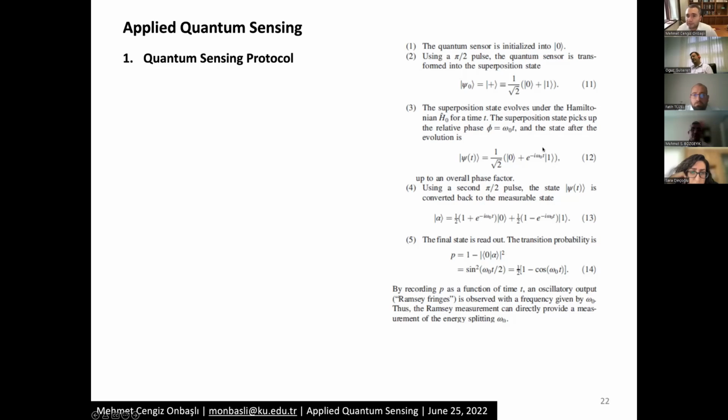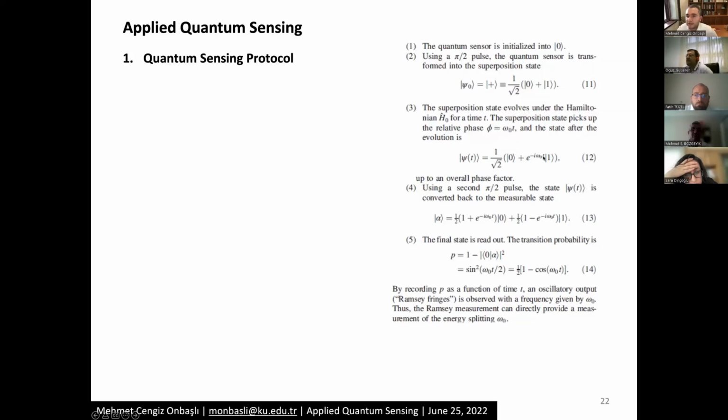But notice that this omega actually is not just a random omega. It is originating because of the precession due to the external magnetic field. So this has some relevance due to the external magnetic field.